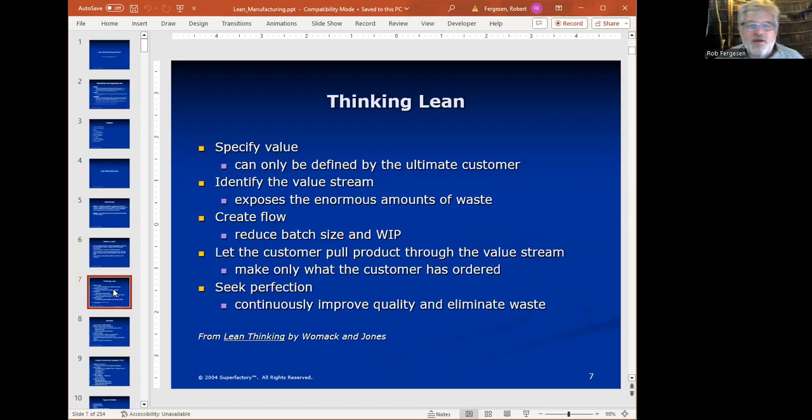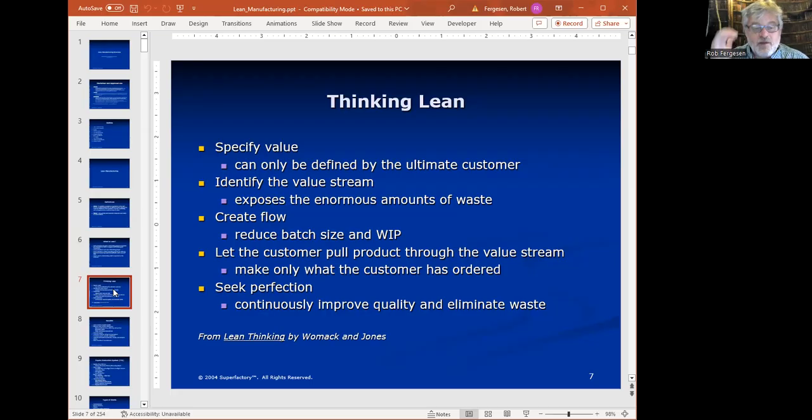So this begins the thinking process. Thinking lean is thinking about the product coming down the production line based on these specific weighted factors. So the ultimate customer in the end is the person who can define the value for your product. And the way you develop an understanding of the waste is you identify the value stream.